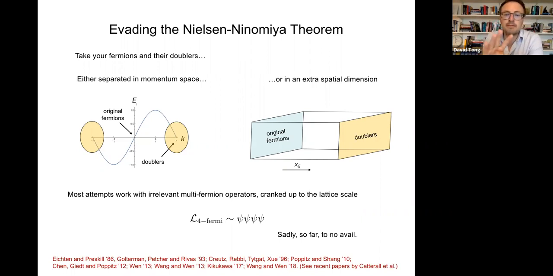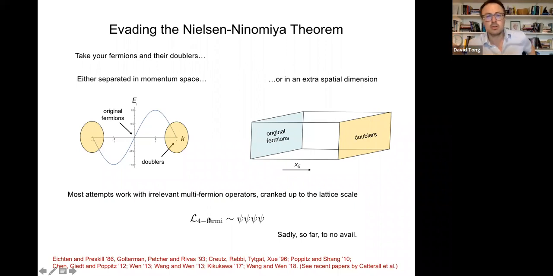If you can't, maybe psi to the 6 interactions or psi to the 8, but at some point you can write down a string of fermions that preserve the symmetry. In fact, Acton and Preskill suggested adding a bunch of derivatives here. The idea being that when you've got derivatives, high momentum modes experience the interaction more than low momentum modes.